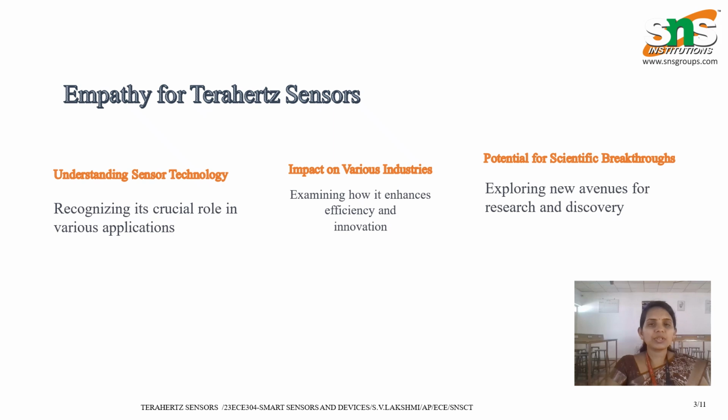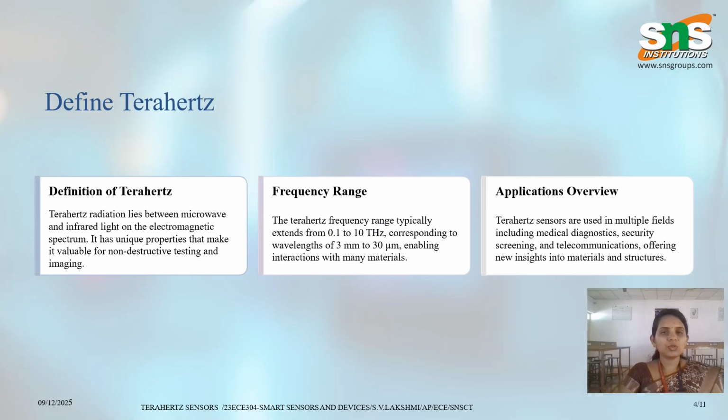The person who is working in this domain is safe, unlike with other traditional methods like X-ray and ultrasound. Terahertz sensors are safe, they are non-ionizing. So how can we define the terahertz sensor? It lies in the electromagnetic spectrum between microwave and infrared, in the range of 0.1 to 10 terahertz.